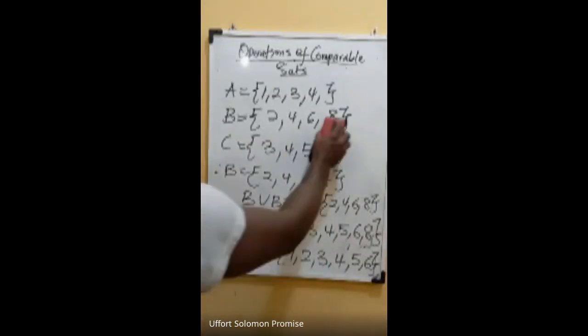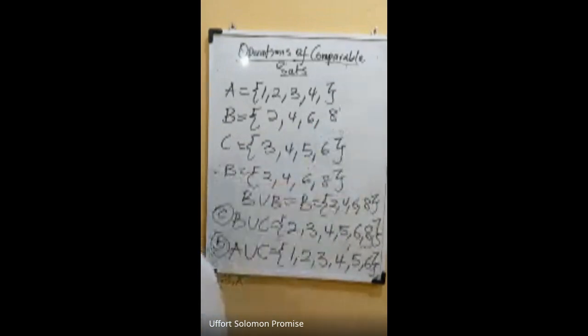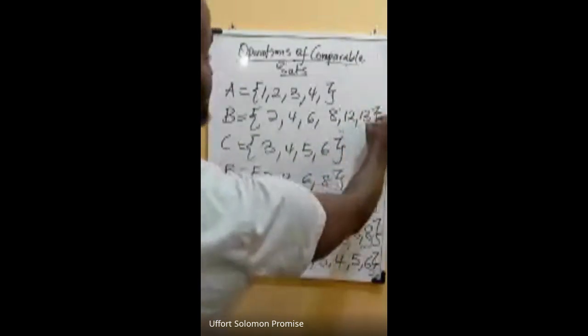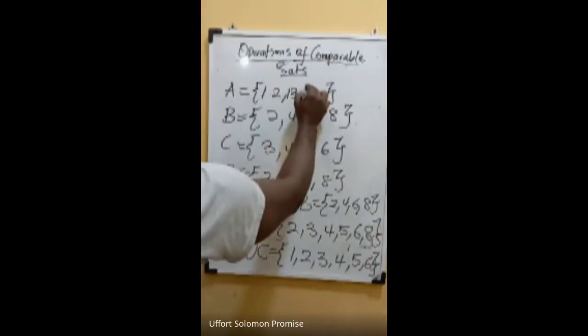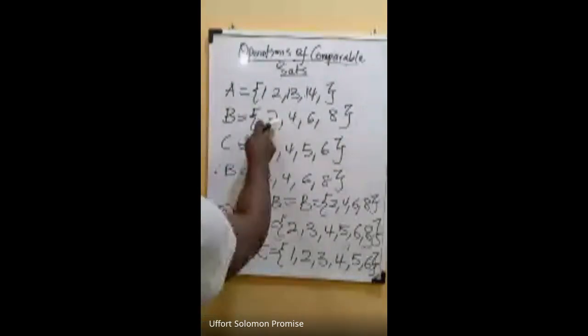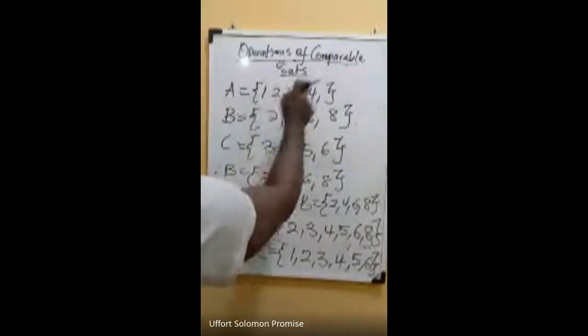So if we have, for instance, 12 and 13 included in this set. No, that's not what I'm asking. I'm asking about A, where you have 1, 2. If you have 1, 2, 12, 13, 14, yes. Is this what you mean? Yes. So A union B is going to be 2, 4, 6, 8, 12, 13, 14.